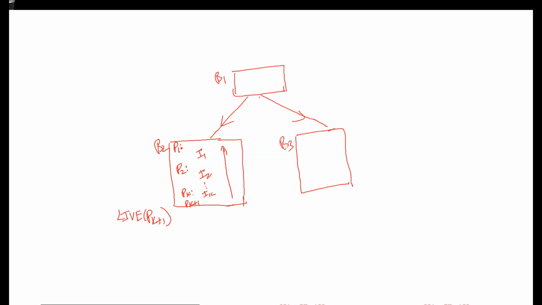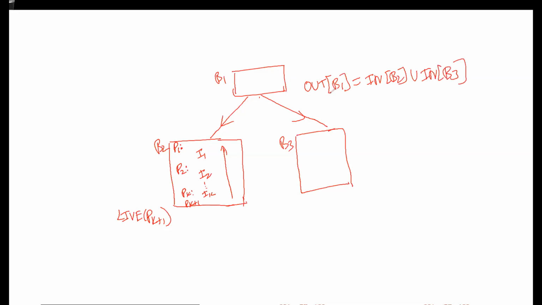And we can see the set of variables that are live at the program point ending the basic block B1 consists of all the variables that are live at the beginning of basic block B2 and all the variables that are live at the beginning of basic block B3. So we express this idea by using this relation, that out of B1 is equal to in of B2 union in of B3.